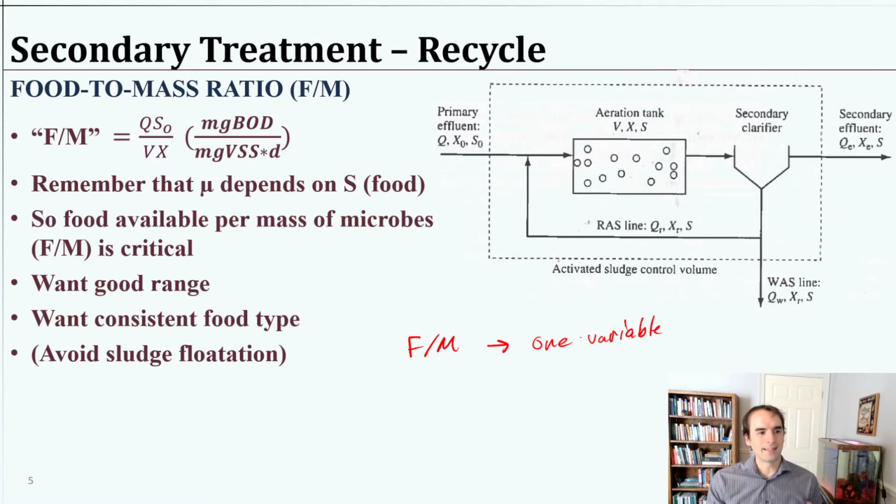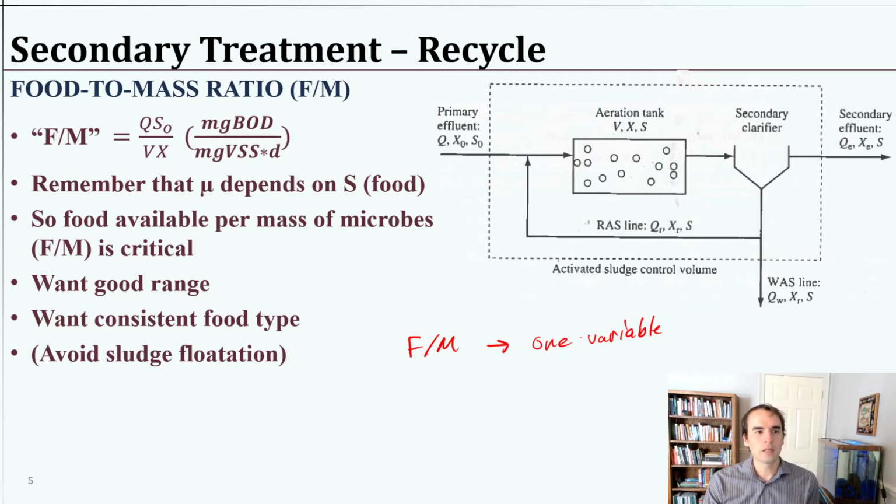What it means is the amount of food available to microbes compared to the amount of microbes there are, in terms of the mass of microbes that exist. So the way we can describe that mathematically is, and it's actually not just that. It's not just the ratio, but it's the ratio over time.